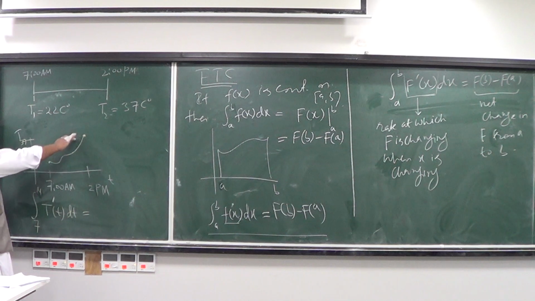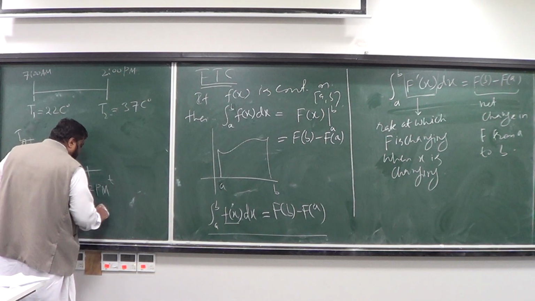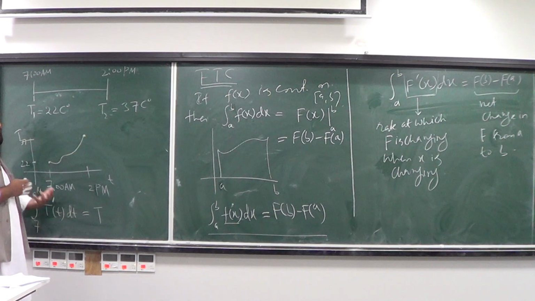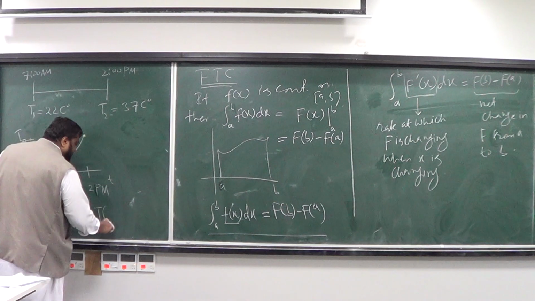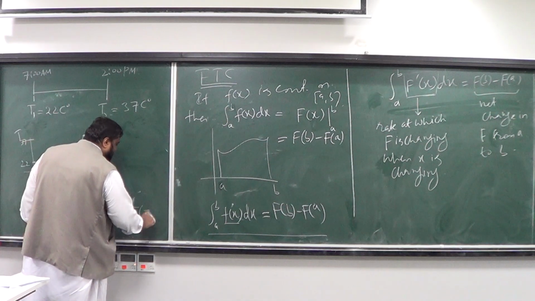and this T is, say for example, smooth, the temperature is changing but smoothly, then the fundamental theorem of calculus is saying that the sum of all changes in temperature from 7 to 14 is going to be the net change in temperature. And what would be the net change in temperature? Temperature at 14 o'clock minus temperature at 7 o'clock.